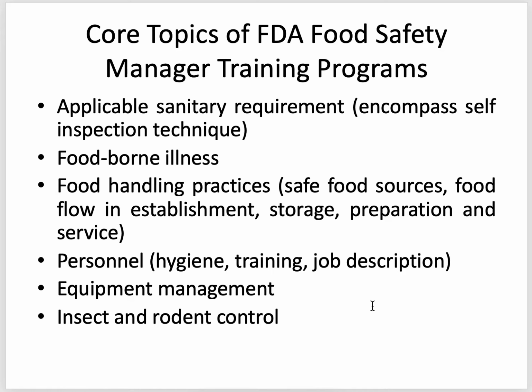This kind of training also includes information about what kind of training they should acquire to perform particular work, and the job description: what's their role, their duty, and the responsibility of a food safety manager. Equipment management, meaning how to manage all the equipment, and insect and rodent control. These are some core topics, not all.